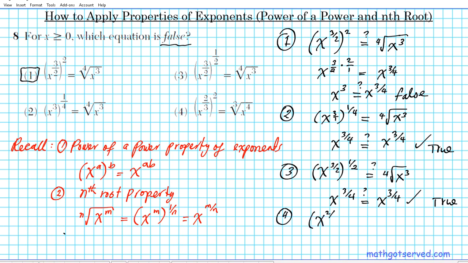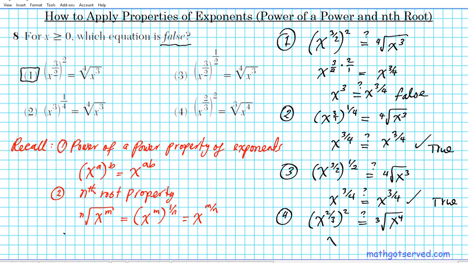And then the last one, last but not the least, option 4, you have x to the 2/3 raised to the second power. Is that equal to the third root of x to the 4th? On the left side, you apply the power of a power property.